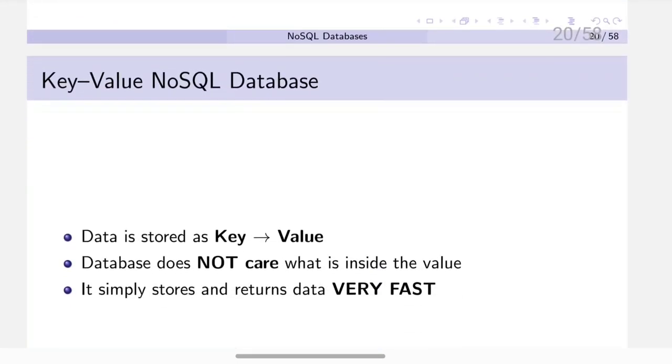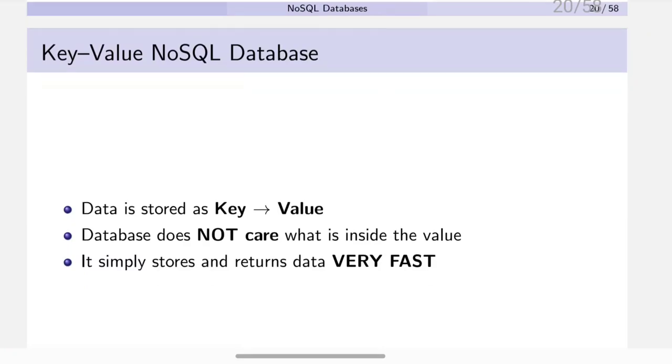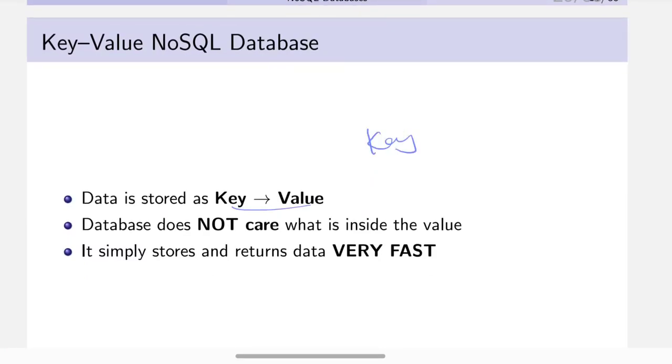Now let us discuss key value databases. Here data is stored as key value. The key is like a unique ID, whereas the value is the actual data stored. The important thing is the database does not care what the value contains. It simply stores it and retrieves it very fast.